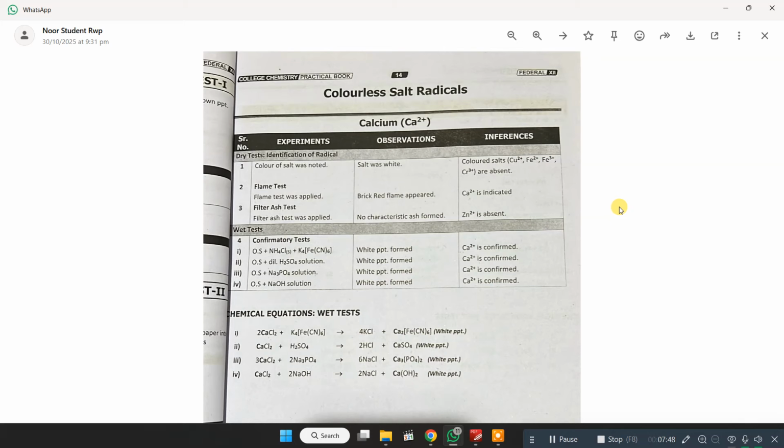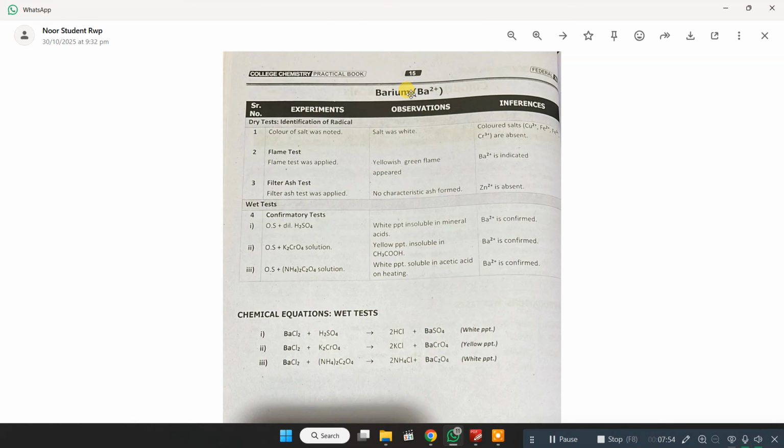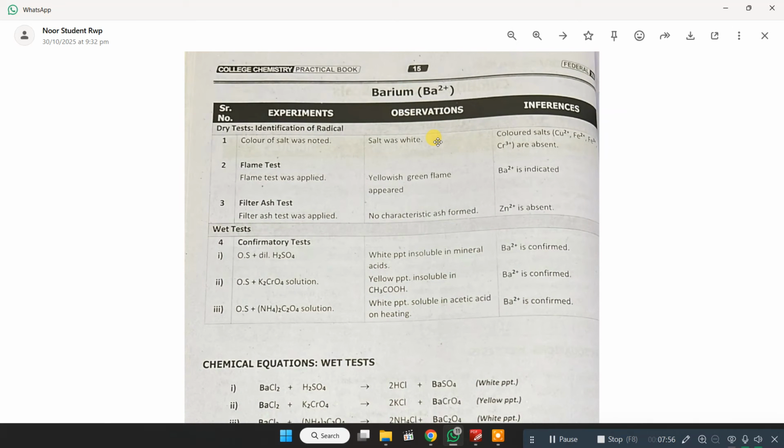Okay. Next we are heading toward the barium salt. Barium is again a member of the second group, 2A: beryllium, magnesium, calcium, strontium, barium. Again we are going to perform some dry tests and wet tests for confirmation. In the dry tests, that is the identification of the radical, we first get an idea about the salt through its color.